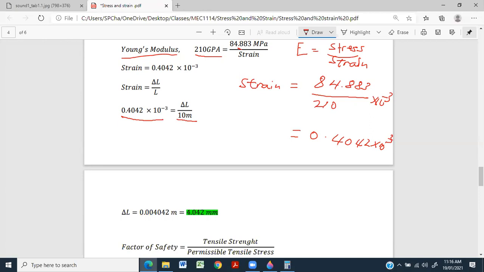What we need to note is that the answer we get is going to be in meters. So solving for elongation, extension, delta L, or EXT, is this 0.4042 times 10.